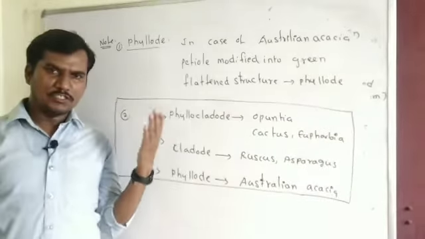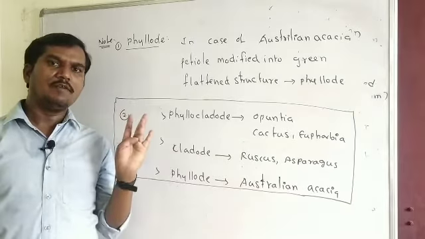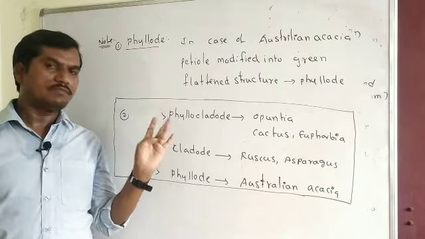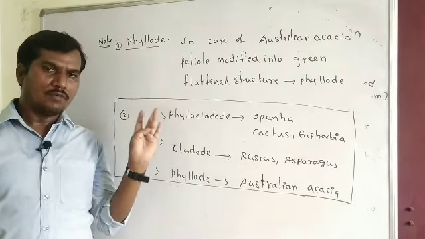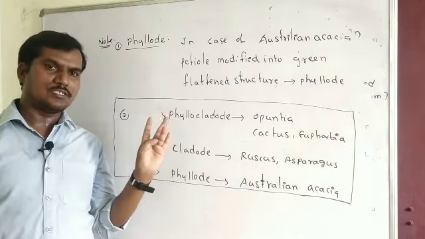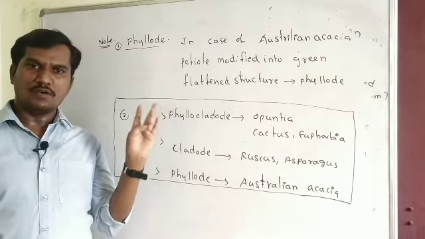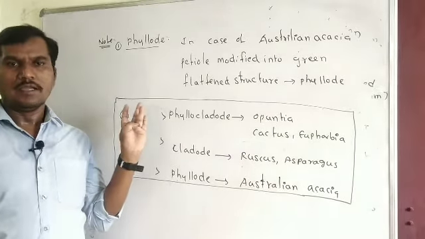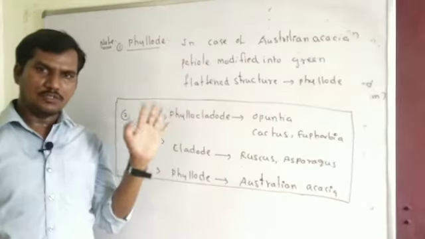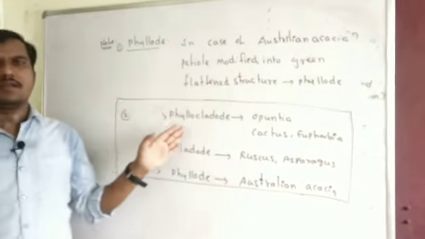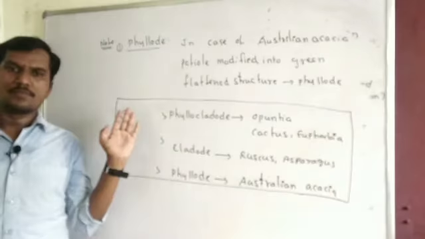The next one is the functions of the stem. The stem is mainly involved in mechanical support and bearing leaves, branches, flowers and fruits. When the stem is young, it is involved in photosynthesis. When the stem is mature, it provides mechanical support.